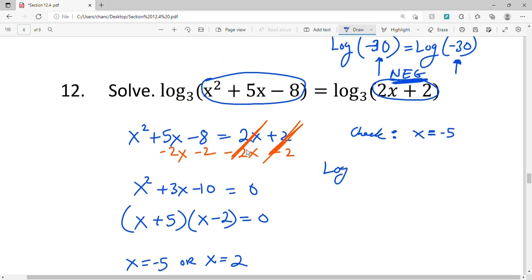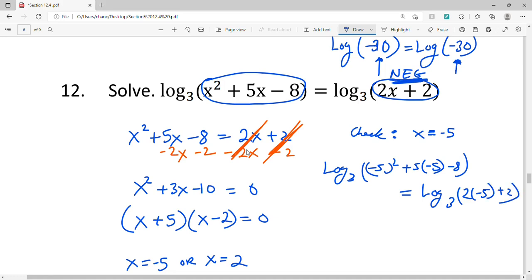We'll check log base 3 of negative 5 squared plus 5 times negative 5 minus 8. Is that equal to log base 3 of 2 times negative 5 plus 2? On the left, you'll notice this is a log base 3 of, you will get a negative 8.